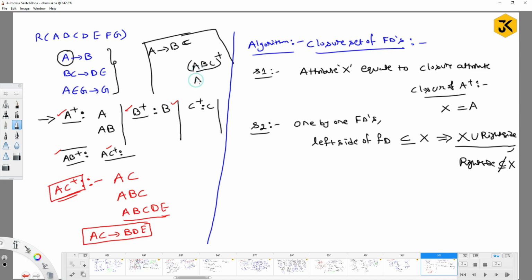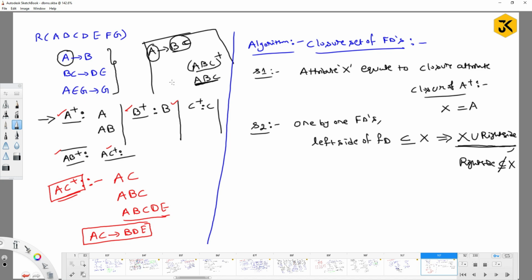You take ABC itself as X, and take out one FD at a time and check whether its left side is a subset of this or not. Yes, it is a subset. Then I include the right side part in X, that is X union right side.